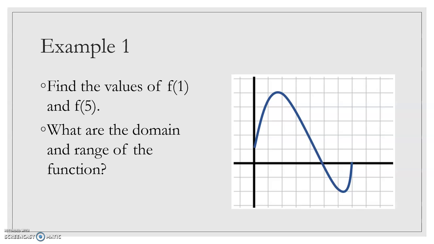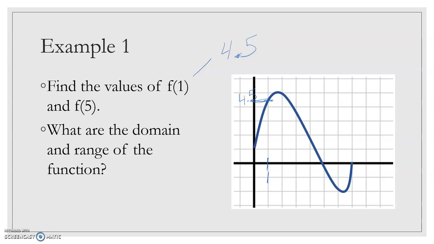So to find f of 1, all I need to do is start down here and find the 1. Here's the first line, and I just go up 1, 2, 3, 4. It's about at 4.5 right here. So that is 4.5, and I know that f of 1 is 4.5.